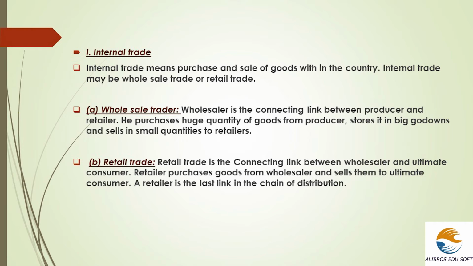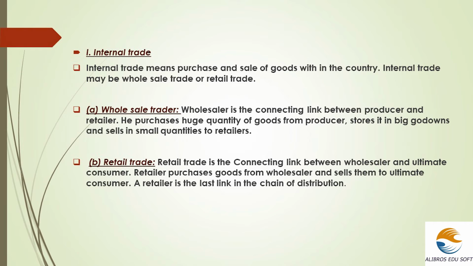So these wholesalers are the middlemen, or the connecting link, between the producer and the retailer. He purchases goods from the producer and gives them in small quantities to the retailer.